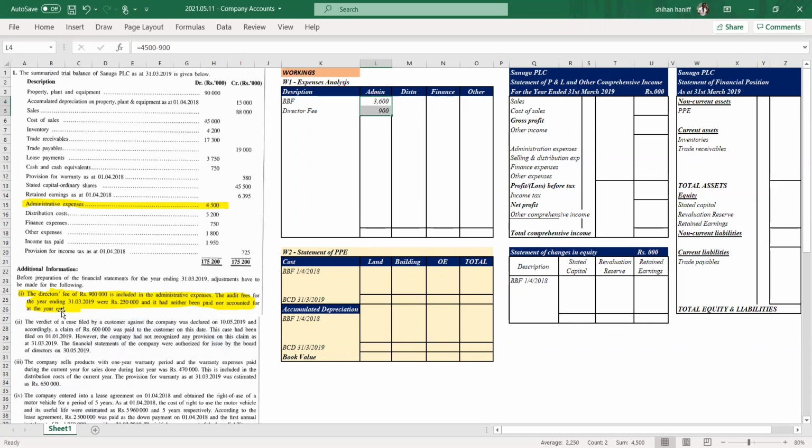Right. So that is the first part. Then they say that the audit fee for the year ending 31st March 2019 was 250 and it had neither been paid nor accounted for at the end of the year. So audit fee is payable. Double entry is debit the administration expense account 250 and credit accrued audit fee, other payables.